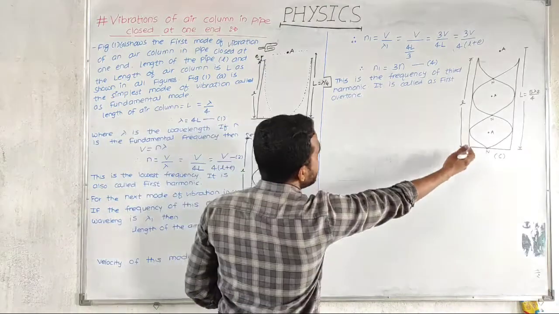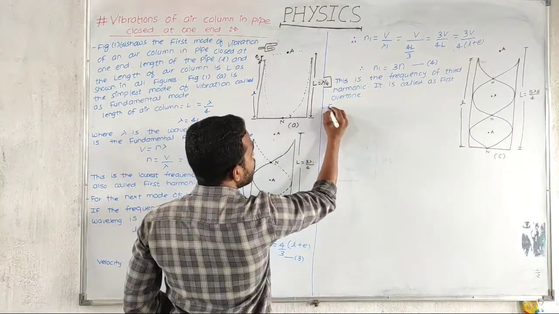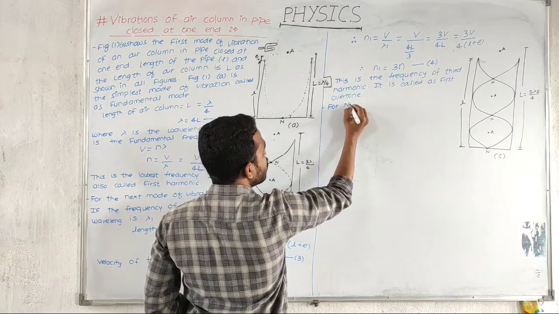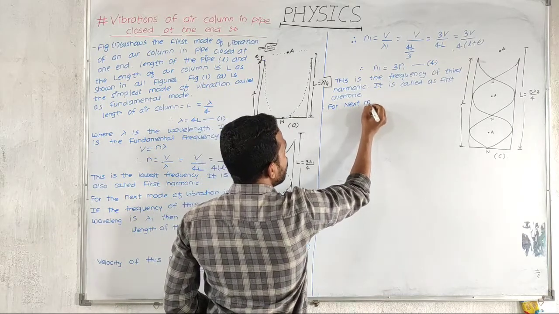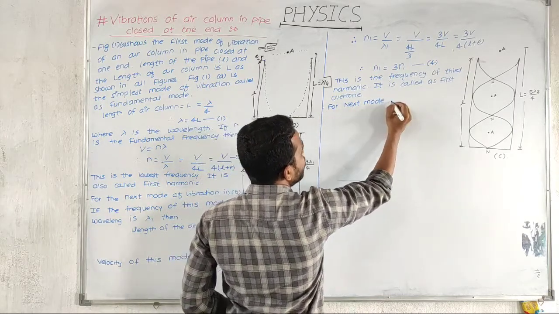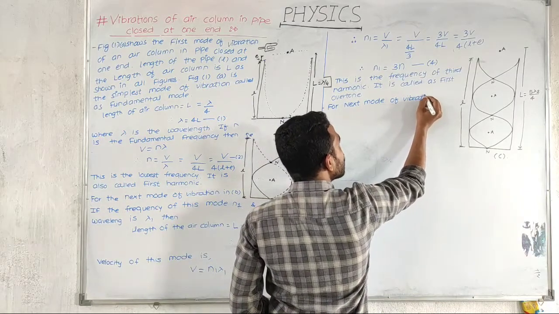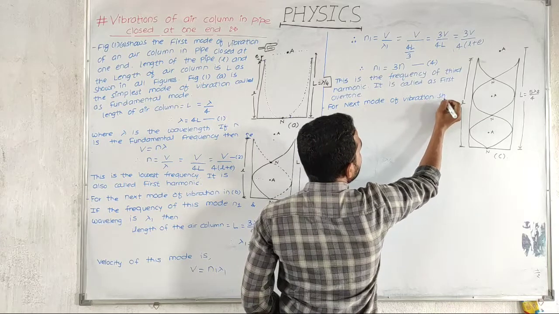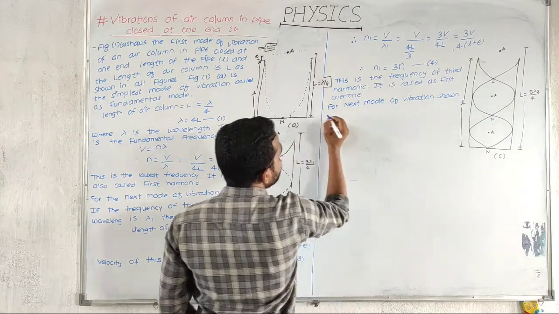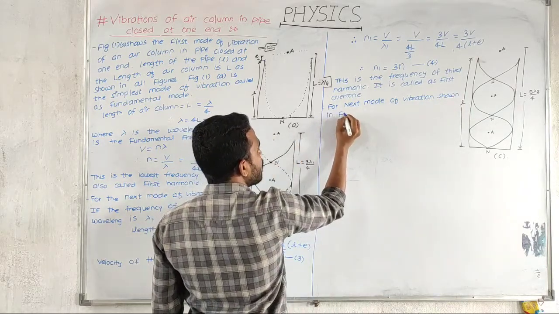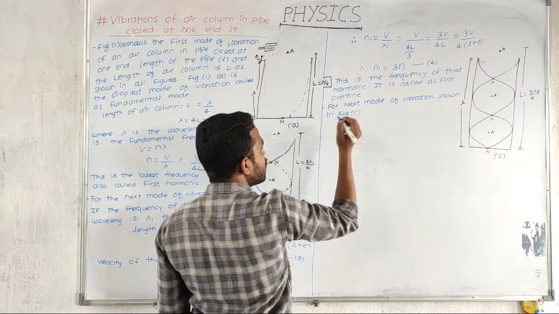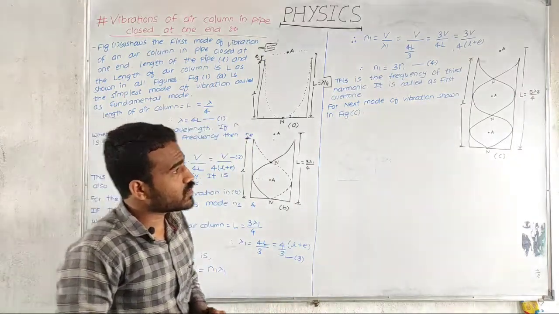So for the next mode of vibration, shown in figure C, you can see here the air column.